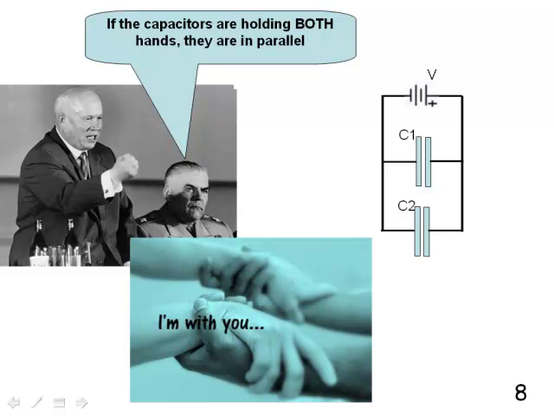So there they are, two hands holding, one hand on one side and the other hand on the other side. So if you can draw a line from one plate of the capacitor to another plate, and draw a line on the other side to the alternate plates, then those plates are in parallel. And we could also say that those plates are in parallel with the battery up here, because they're holding hands with both sides of the battery as well.